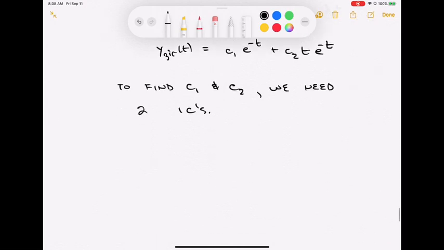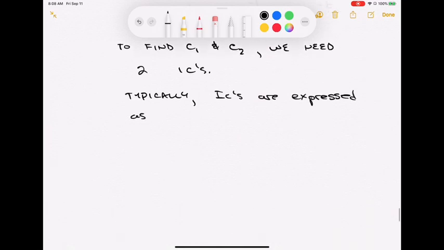Typically, initial conditions are expressed as what? Because they're initial, we're talking about the output at time 0, or the output's derivatives. All the things are at 0. That's the initial part.